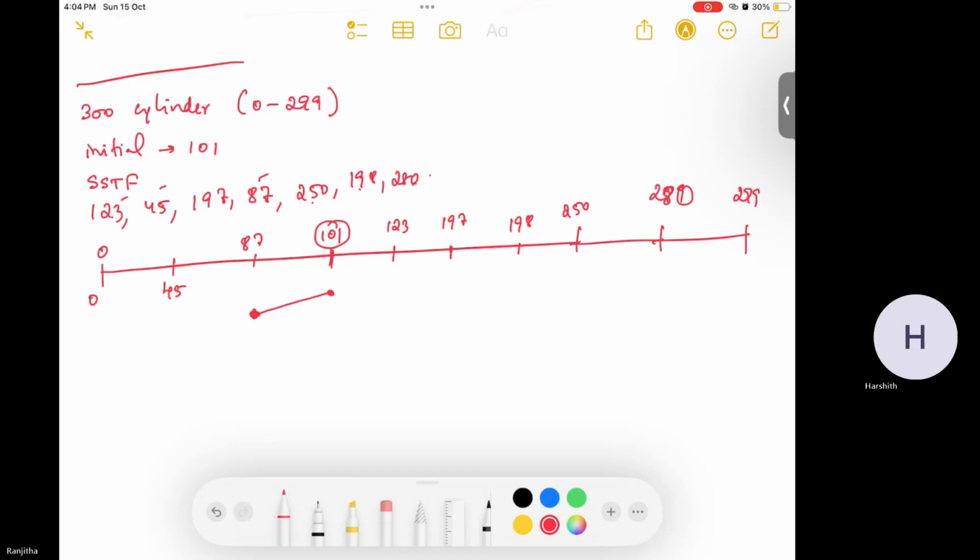Give me a minute. Yeah, so from 87, it goes to 123. This battery got drained.